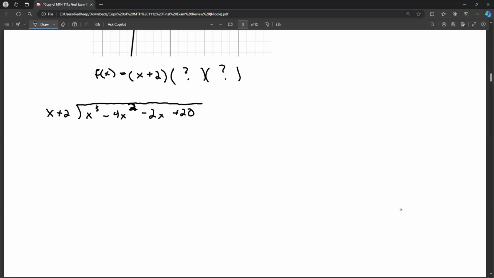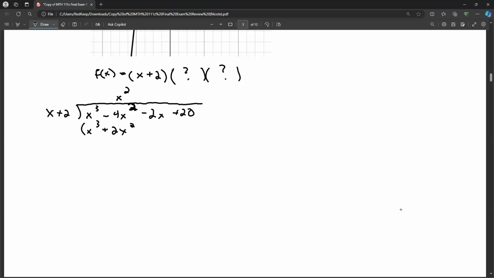I like to think about it in terms of what term times x equals x cubed. I believe that will be an x squared. When I multiply x squared by x plus 2, I get x cubed plus 2x squared.